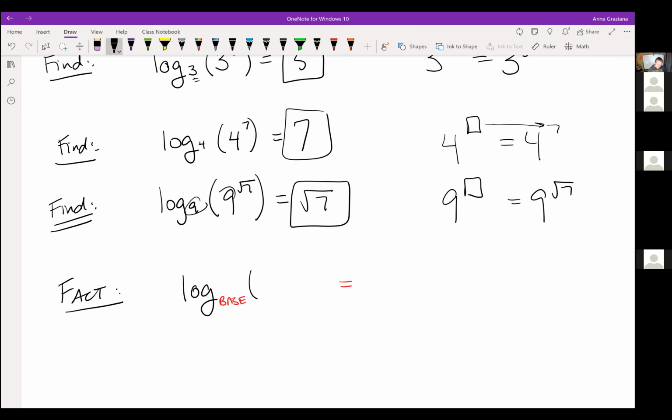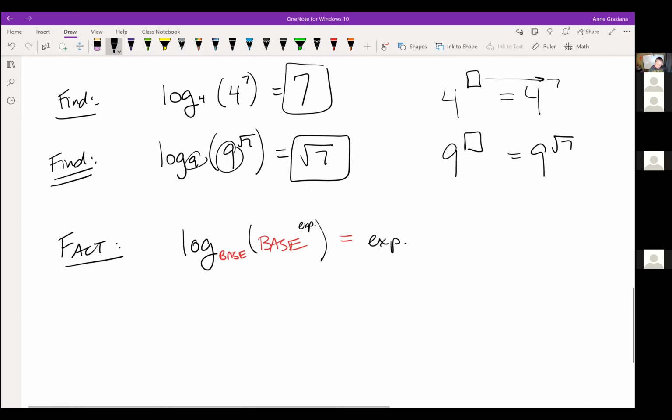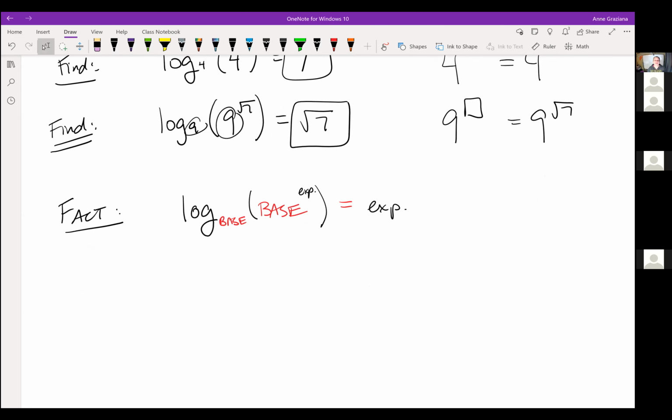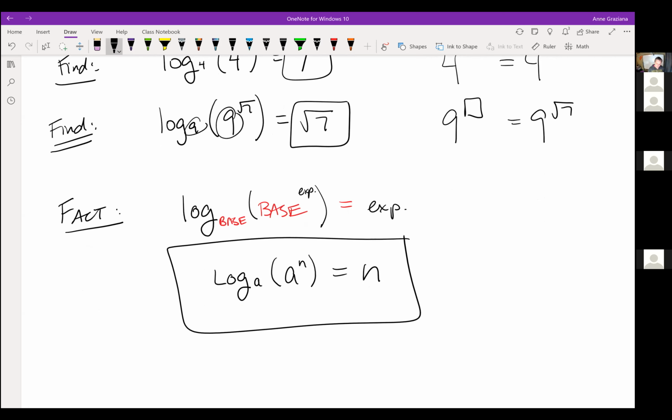The things that are the same are these. So these are the same, and this is my exponent. Then it's just this exponent. So that's what it is in words. If I want to write this in an algebraic statement, it's log base a of a to the power of n. It's just going to be that exponent. So when the bases are the same, it's just the exponent on the a. Any questions on that?